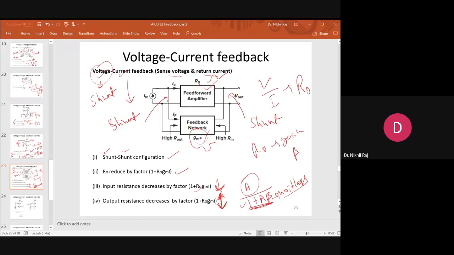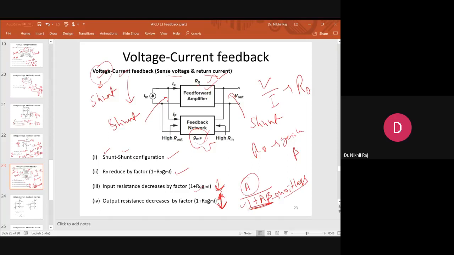How to recall it in short form: if it is a shunt configuration, the resistance will always decrease, because in shunt configuration it becomes parallel, and in parallel the overall impedance tries to reduce. But when I do a series connection, the resistance is added to the existing resistance, so overall resistance will increase.